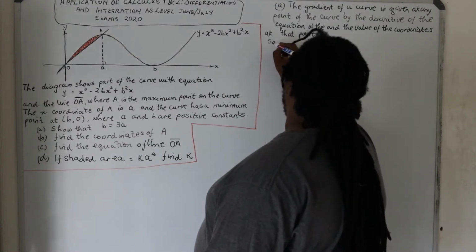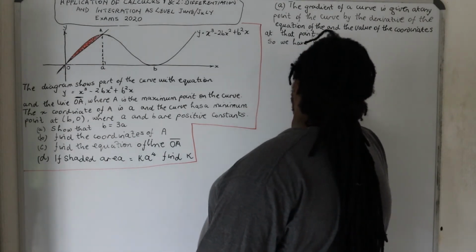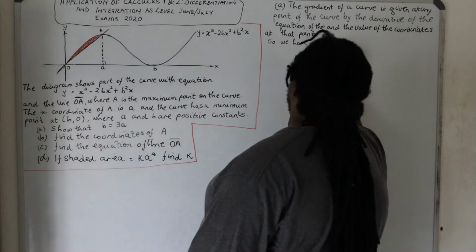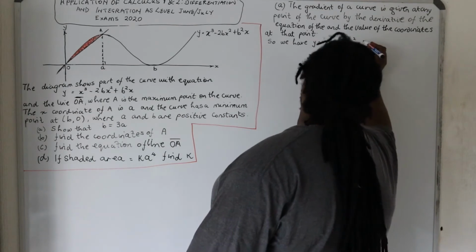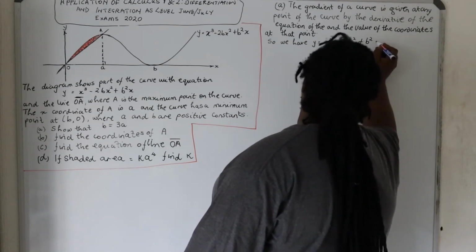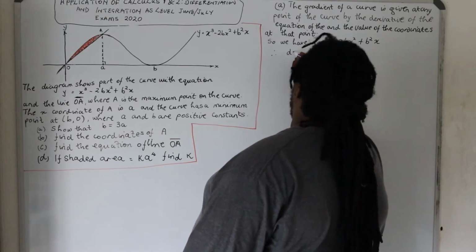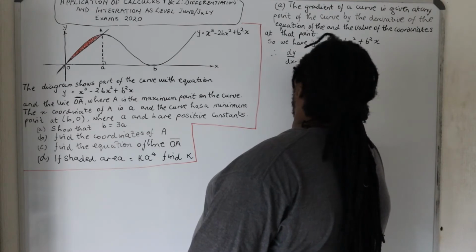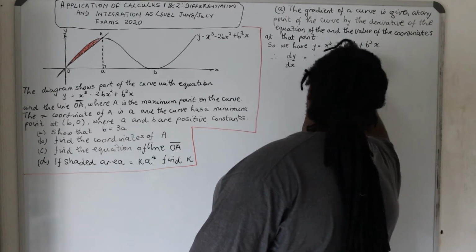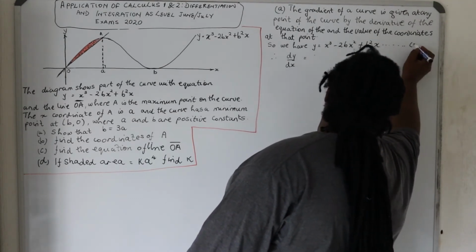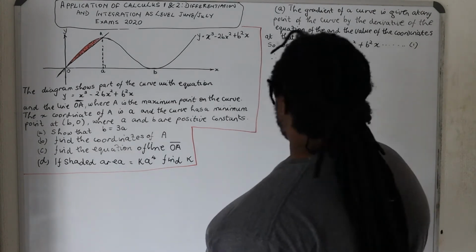So we have y is equal to x cubed minus 2bx squared plus b squared x, and therefore dy dx, which is the derivative of that curve, is equal to, we differentiate that expression there, which we can call equation 1, so we can refer to it without any ambiguity.